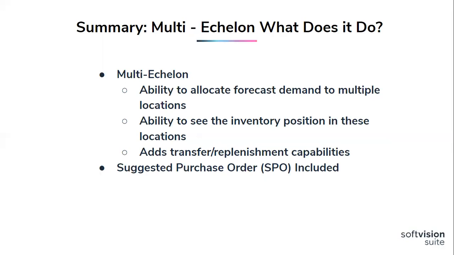It initiates a transfer order. Very similar look and feel to our suggested purchase order module, which you may be familiar with, but that is also included in multi-echelon. So we have suggested purchase orders and suggested transfer orders as an element of multi-echelon.